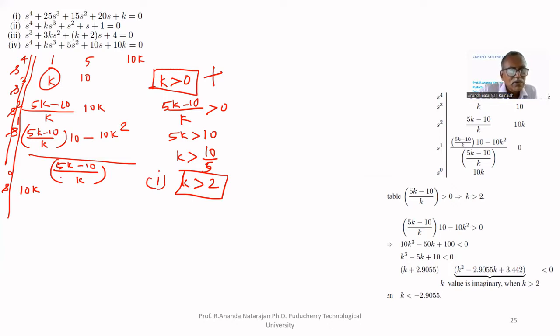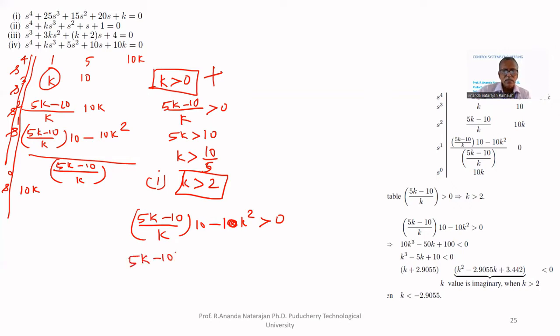Second condition, from the S power 1 row we can get (5K minus 10) upon K multiplied by (10 minus 10K square) must be greater than 0. Or we can say that (5K minus 10) multiplied by (10 minus 10K cube) must be greater than 0.